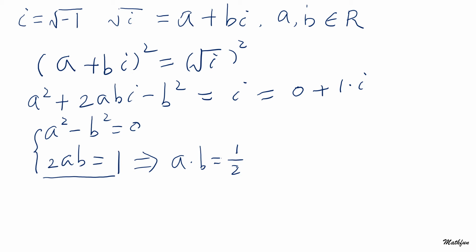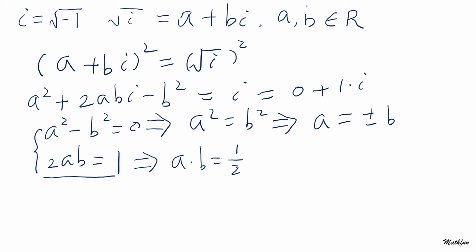Now, it also tells you one really important thing: a and b are either both positive or both negative. Now from the other equation, it tells you a squared equals b squared. Directly, it tells you a equals plus or minus b.